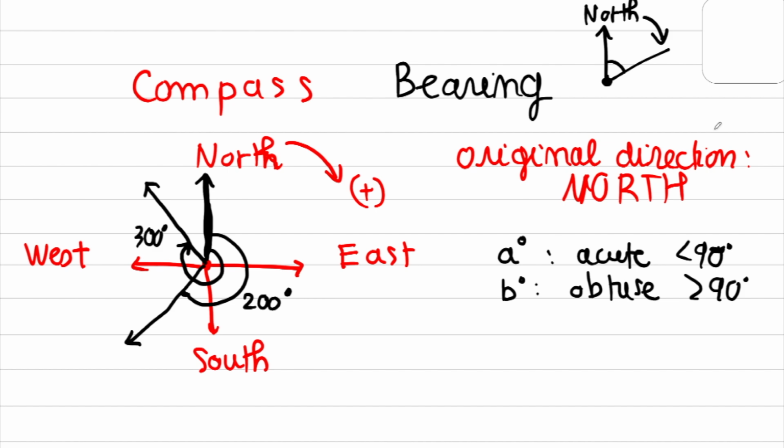Example, let me make it clearer about the bearing. About the bearing, you have to start with the north direction. And when you turn this by the clockwise direction, it will make more angle. Example, for this case, you get 30 degrees. So this angle made from the bearing method. We get 30 degrees here.